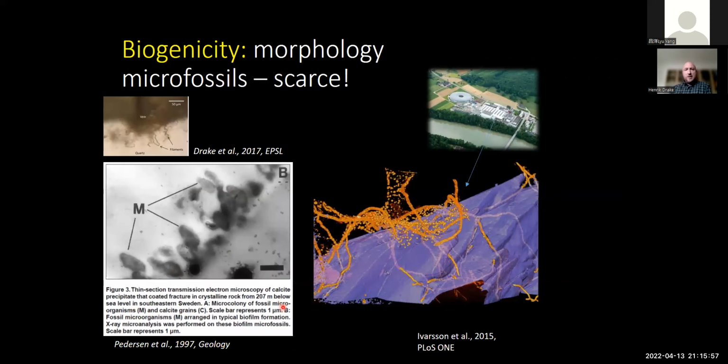Then we have these different criteria for biogenicity. Basically, the best is to have as many criteria as possible fulfilled. And one of them is morphology, where we look for something that looks like a microbe or looks like fossilized fungal hyphae, such as in this slide here.